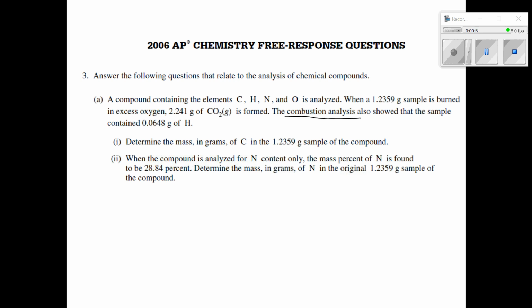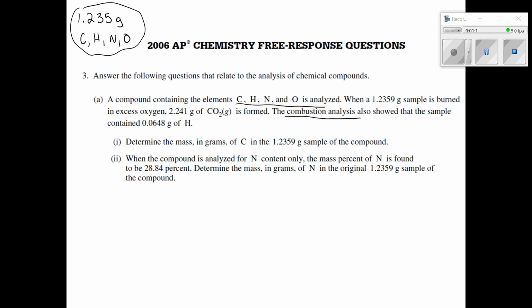Okay, so some things we know here is we know that we have a compound containing these elements. So they contain C, H, N, and O. And we know the mass of the compound is 1.2359 grams. So that's the mass of this entire compound.